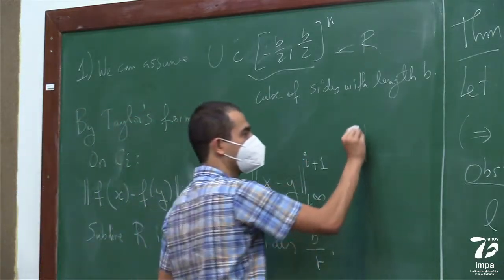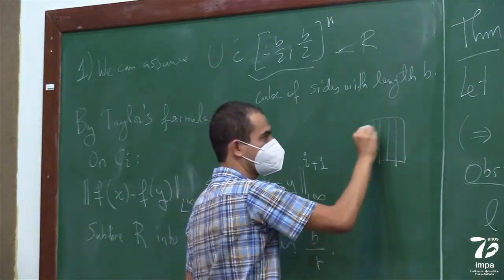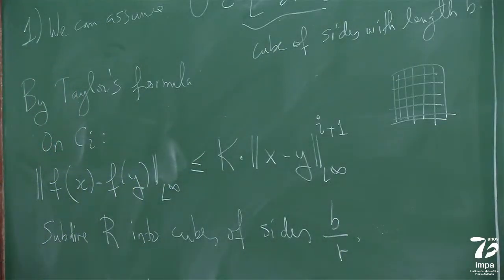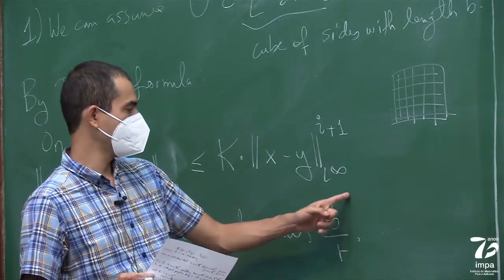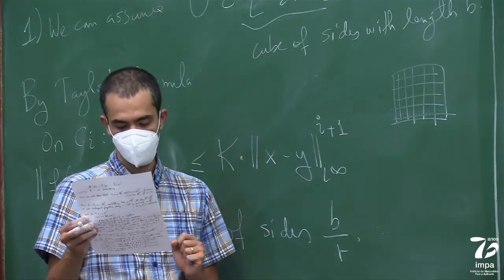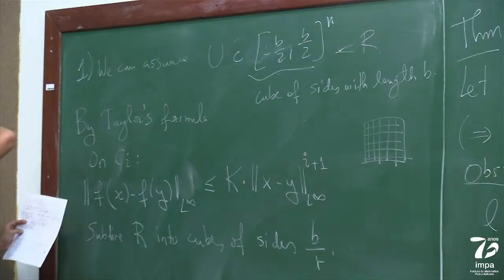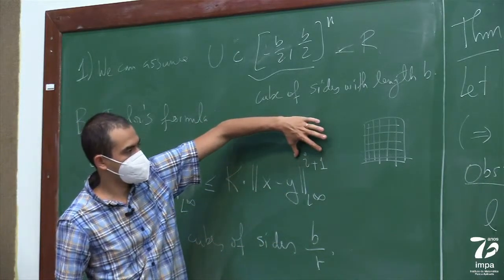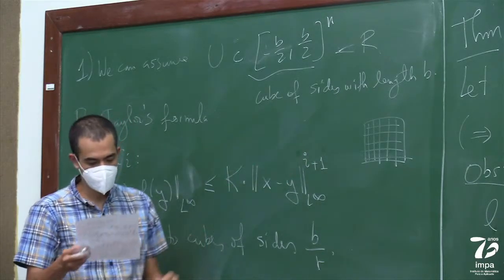So I have my cube, and I fix a number r, little r, and then I can divide it like this. So now the volume of each of these cubes is, of course, going to be b to the n over r to the n. But notice that when I apply f, all the sides are raised to the power I plus 1.